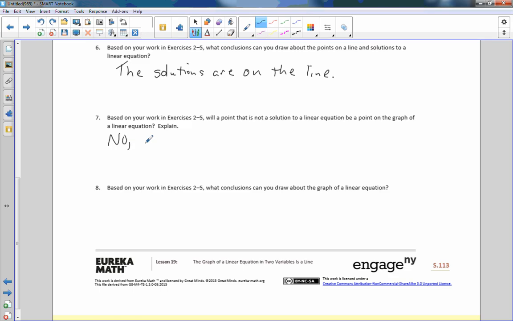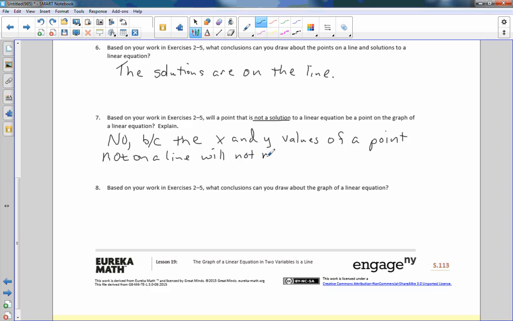And the answer is no, because the x and y values of a point not on a line will not make a linear equation true.